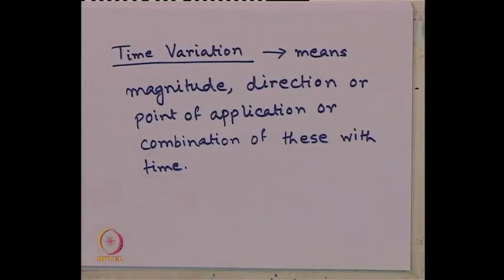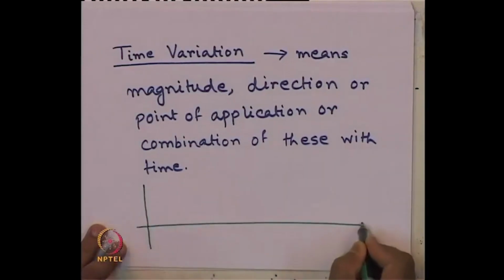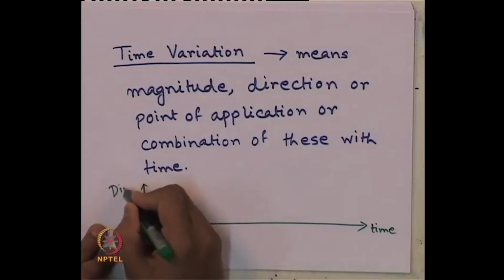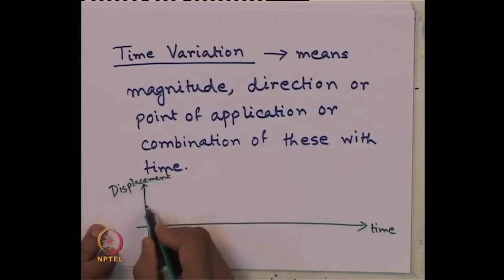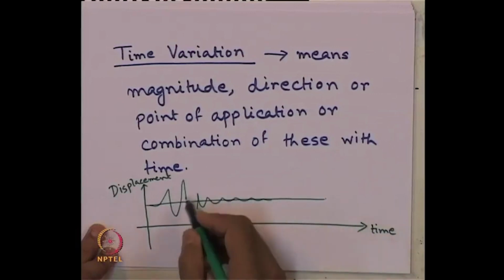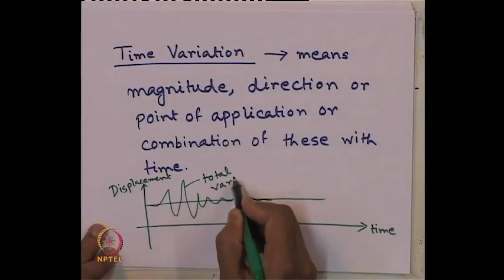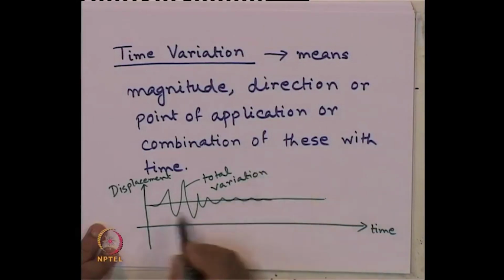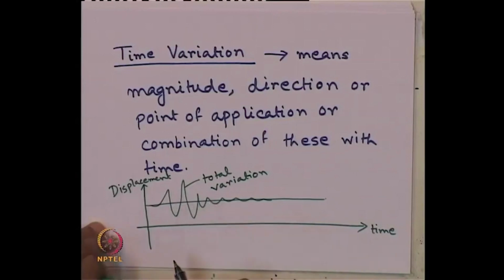When we combine the two effects, as I have mentioned just now, the variation with respect to time for the displacement will be something like this as the total variation, in which this constant line is for the static problem and this variation with respect to time is for the dynamic problem.